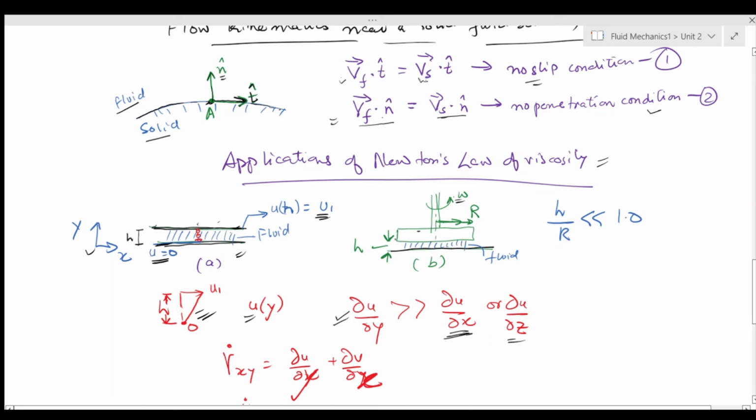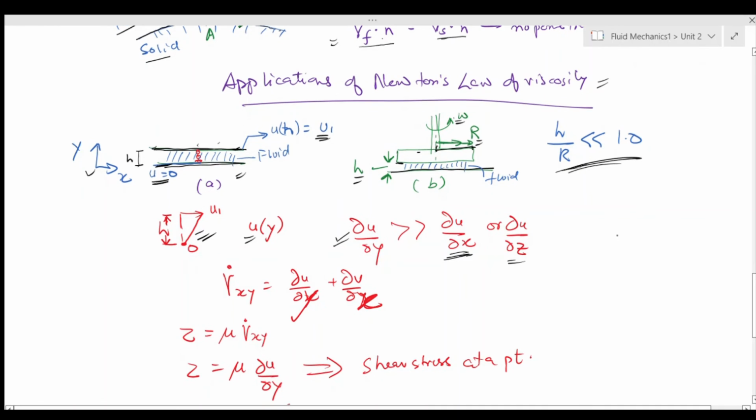The gap between these two solid surfaces is h, and the top surface has a radius of r, and this holds good when h by r is much less than 1, which means that my h is much smaller than my r dimension.